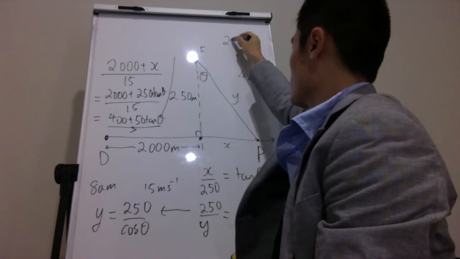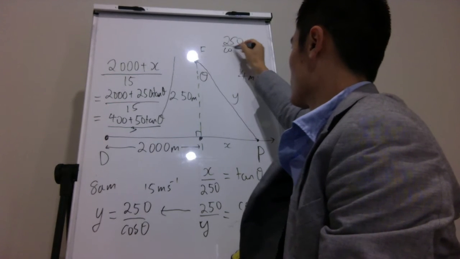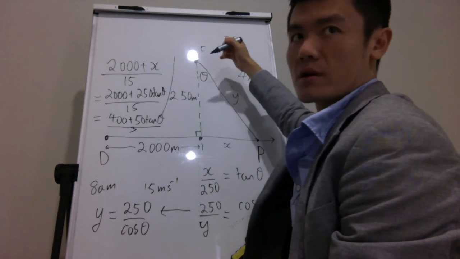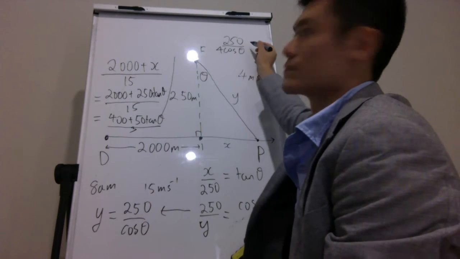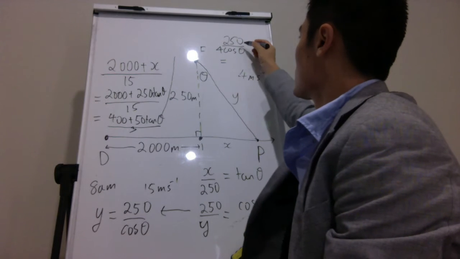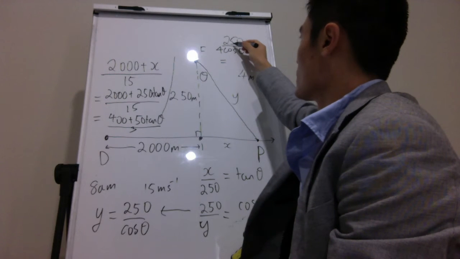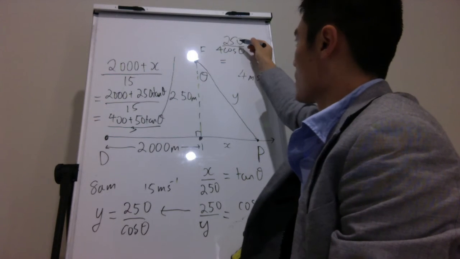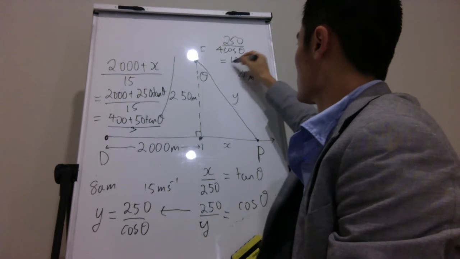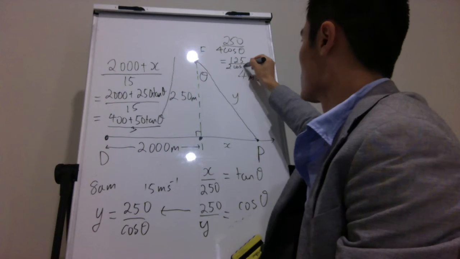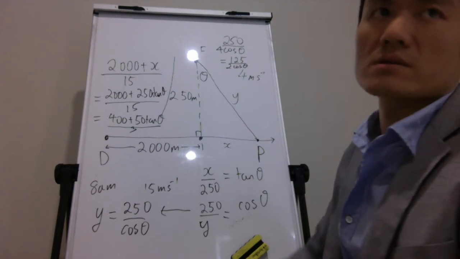So it's just 250 over cosine theta, and over 4 again, okay? Which is the same as putting 4 here. And 250 divided by 4, well, that's 62 and a half. So it doesn't quite divide evenly. You get 125 over 2 cos theta. And then this will be in seconds.